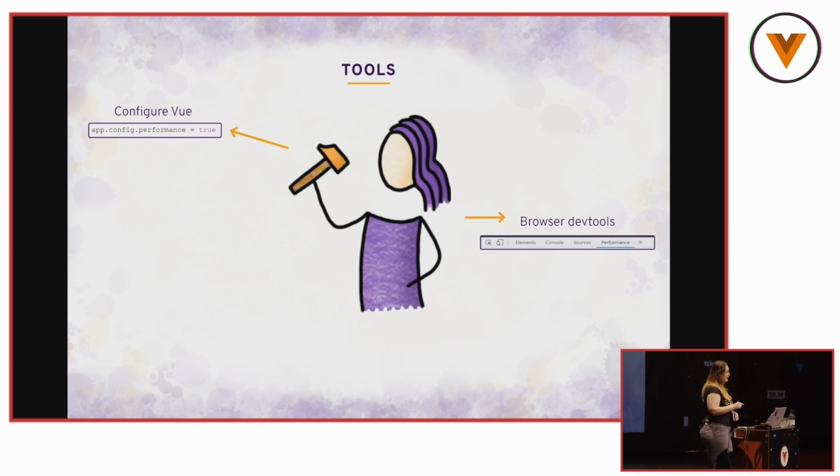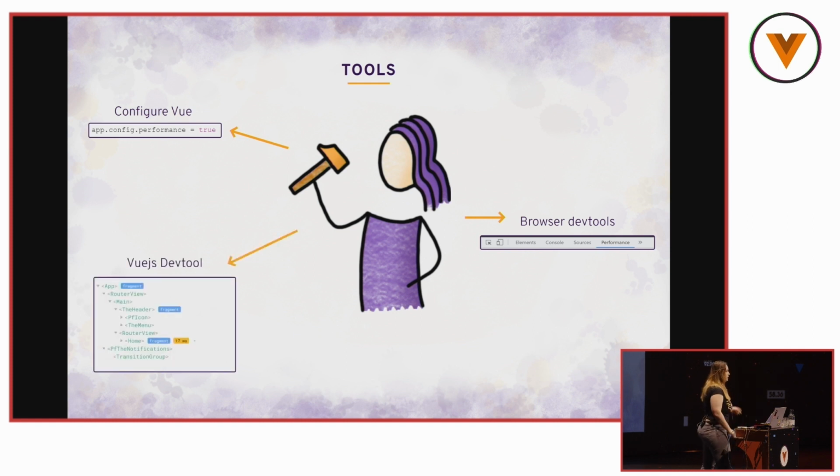Especially lately, I think Edge has a lot of great stuff that can be very useful. And another thing, I think you are all already running the Vue.js devtools. It also has performance tracking. And if you see these yellow boxes, or even red ones if you are really in trouble, it's a good first track to start looking.